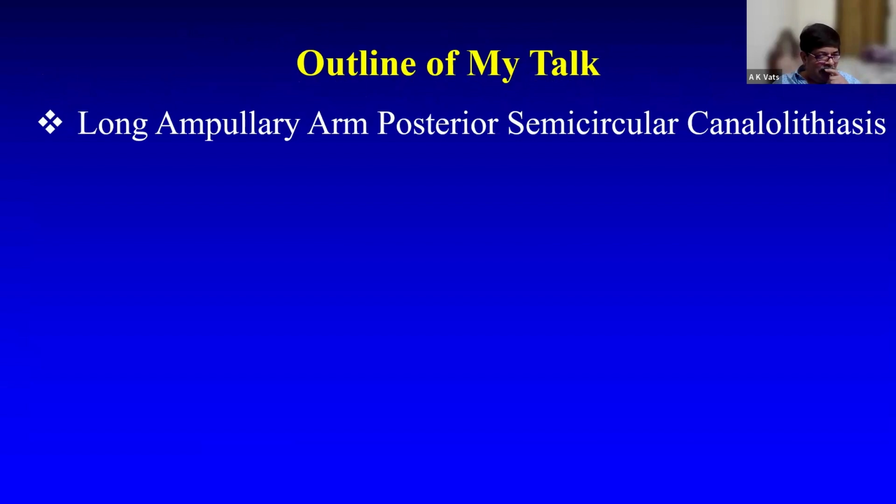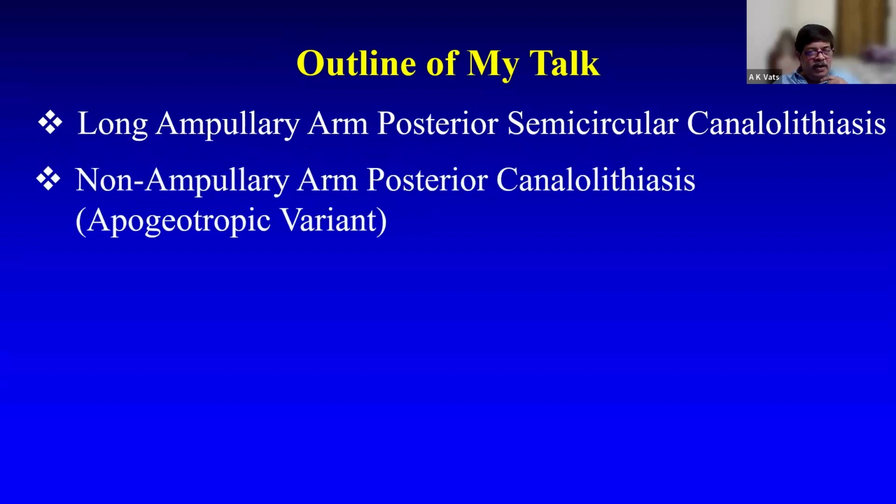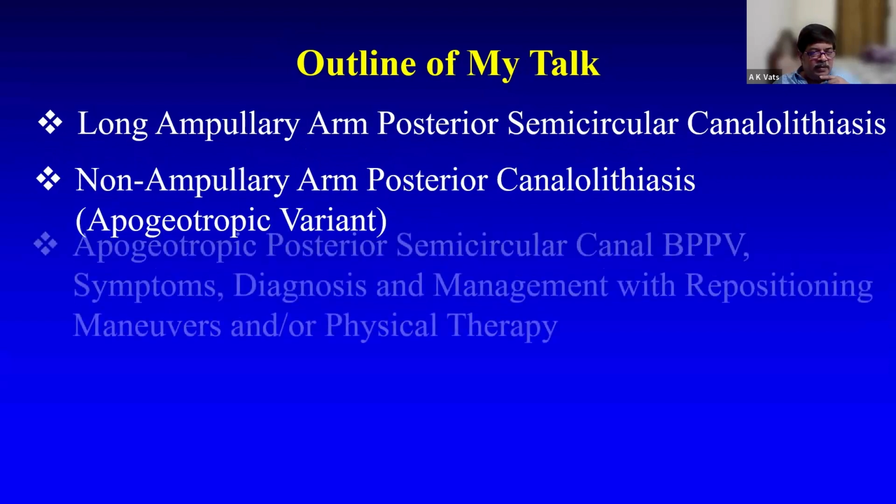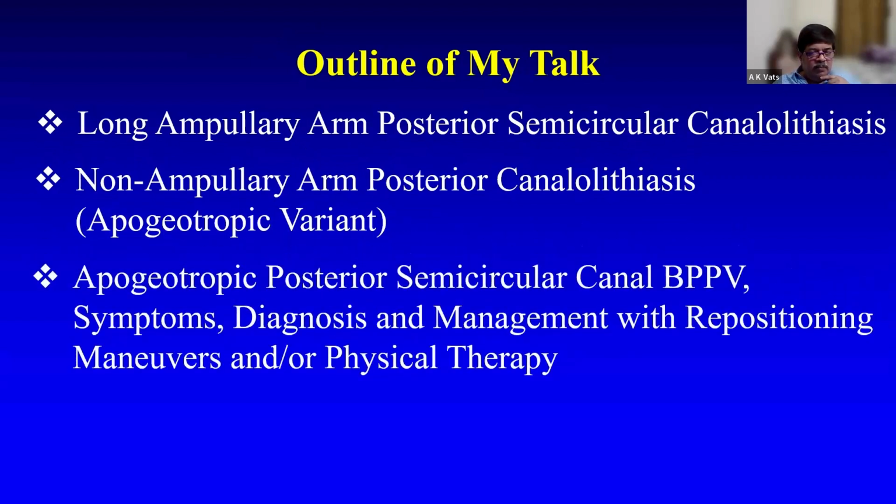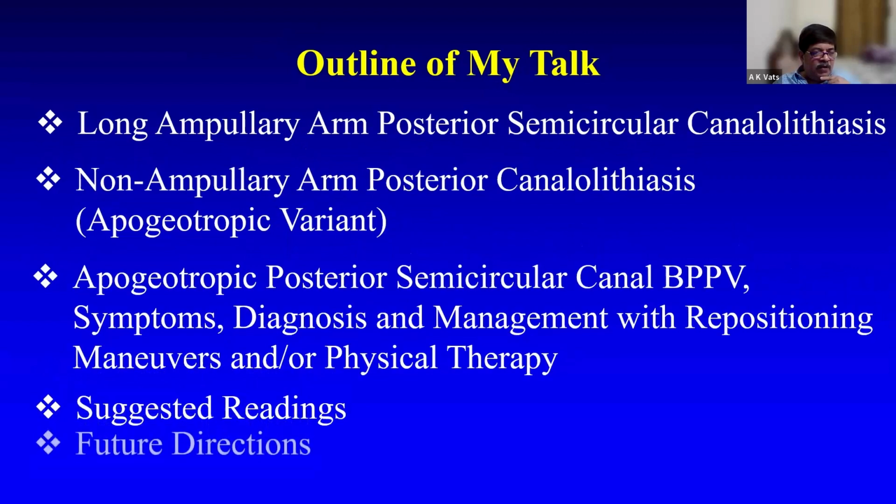Why I am elaborating here will become clear as we progress through this slide. Then non-ampullary arm posterior semicircular canalolithiasis, that is the apogeotropic variant. The epigeotropic posterior canal BPPV symptoms, diagnosis, management with repositioning maneuvers and physical therapy. The suggested readings and finally the future directions.